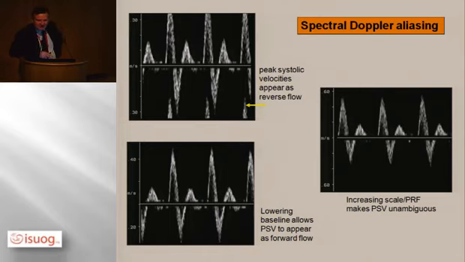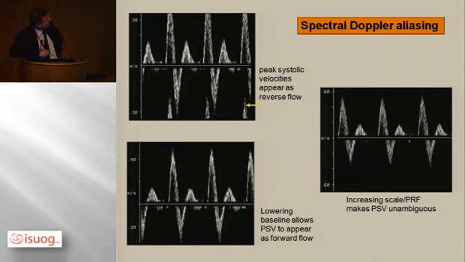I'm not going to talk about aliasing too much, but this is really about matching the scale or pulse repetition frequency to the speed of blood flow in the vessel. If you've got very, very high velocity flow, you need a higher PRF or higher scale. If you don't get that, you confuse the machine, and the machine thinks that blood is flowing in reverse when it's in fact flowing forwards, because the pulses sent out are being sent out too slowly, and they're not catching the waveform in time as it moves through its cycle.